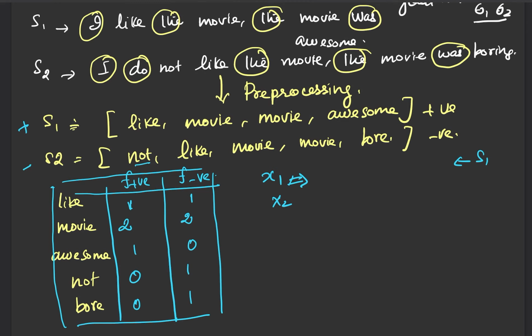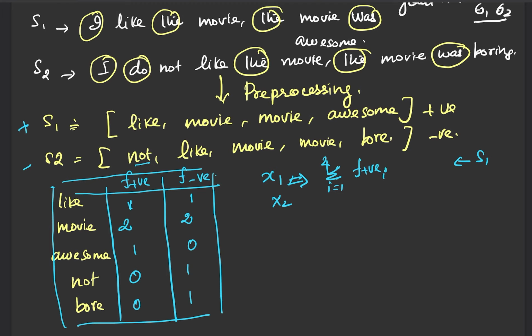How many words do we have in the first sentence? 4 words. So for those 4 words, just add those frequencies, i equal to 1 to 4, add the positive frequency for every word.